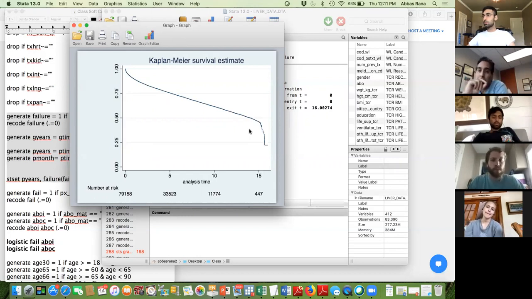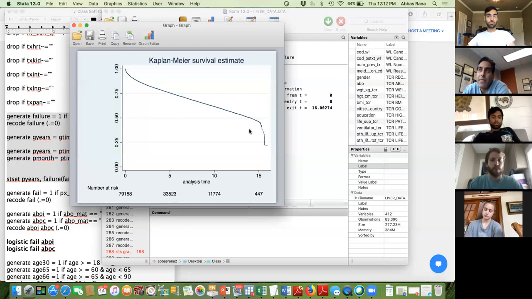So this is why Kaplan-Meier is called time to event analysis. Every patient has a time and they have an event. The event is death in our case. So everyone has a time and they have an event with respect to death, either alive or dead.